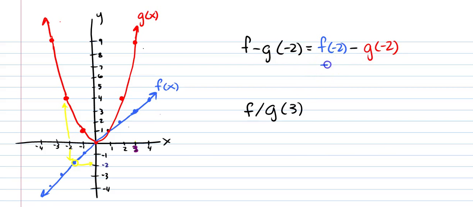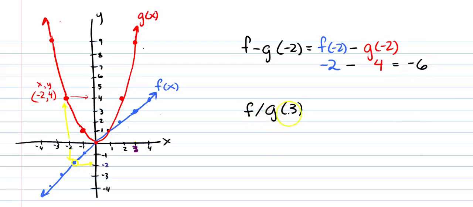So F of negative 2 is negative 2, and we're going to subtract G of negative 2, which is positive 4. Because that point right there is the point negative 2, positive 4. X, Y. F of X equals Y. G of X equals Y. So we get a positive 4 there. Now when you figure that out, you get negative 6.